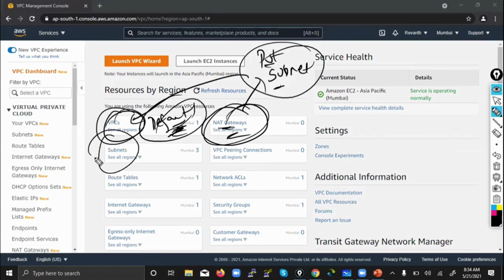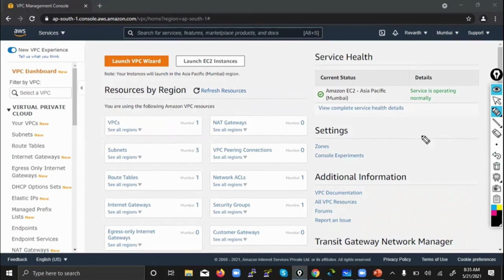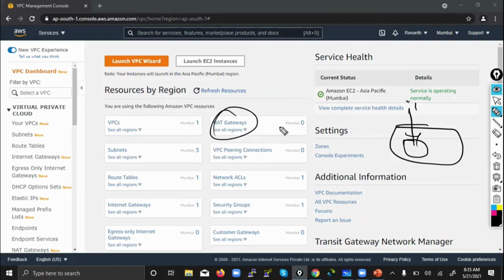All subnets are getting internet, so what is the use of a NAT gateway here? But when you create a custom VPC and create any subnet in it, then it is a private subnet. So you have to manually attach it. Whatever subnet you want to make public, you have to attach to an internet gateway, and that will be public. You have to attach to a NAT, and that will be private.